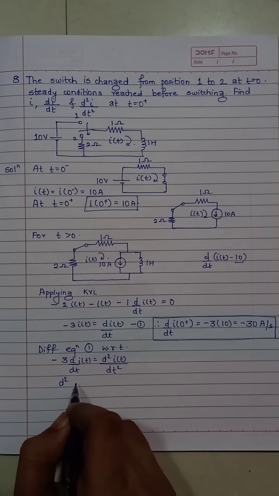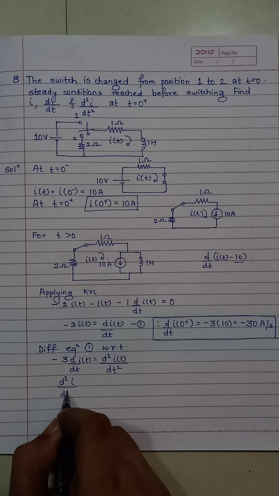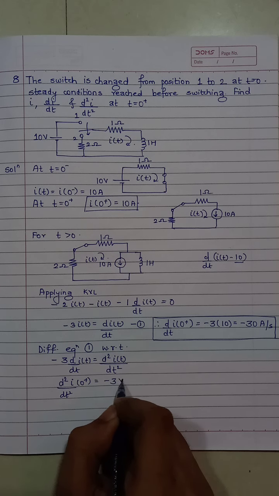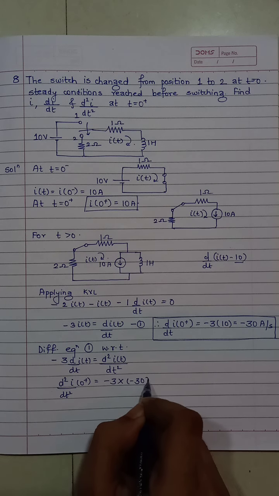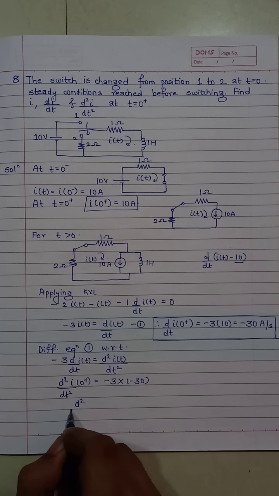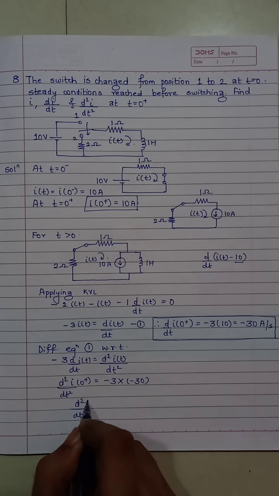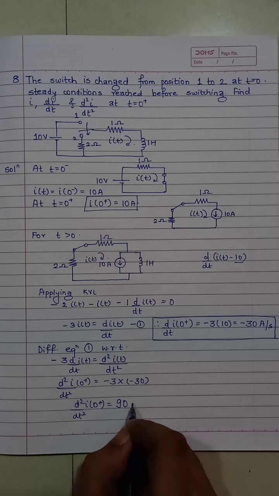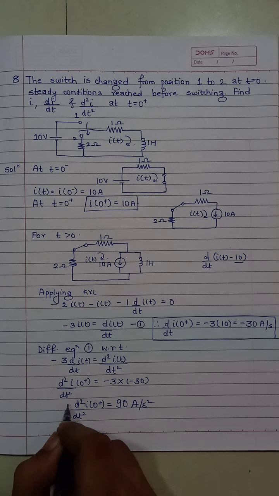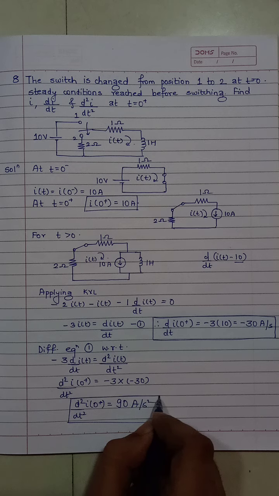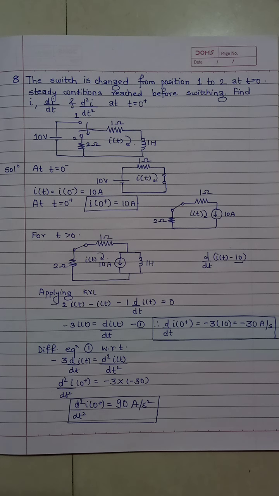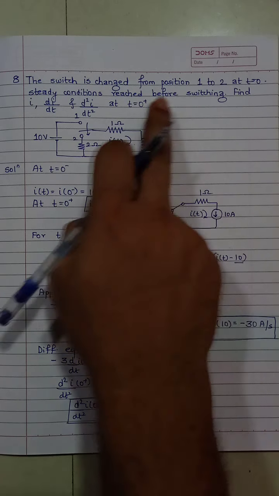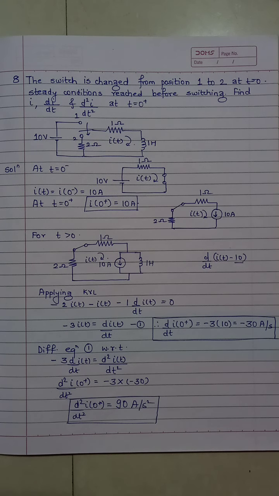So I'll get d²i/dt² at 0 plus as minus 3 into minus 30. So I'll get d²i/dt² at 0 plus as 90 ampere per second squared. This is how I got i, di/dt and d²i/dt² when the steady state conditions are reached.